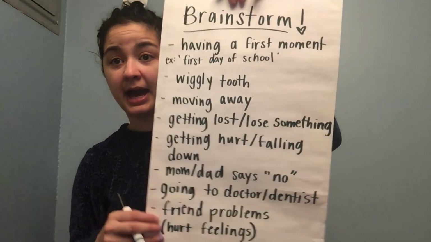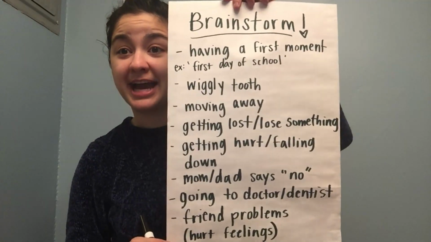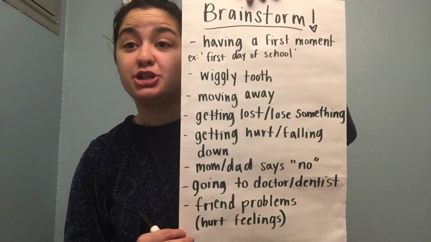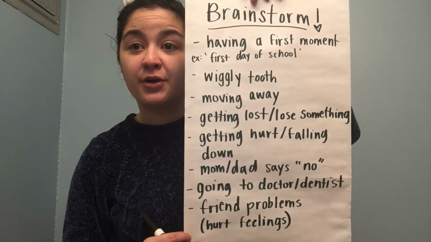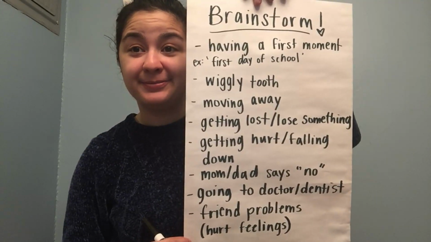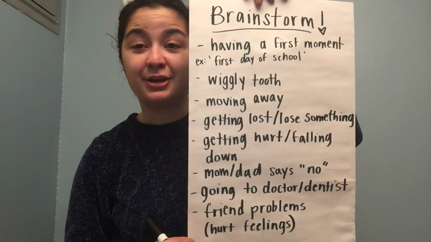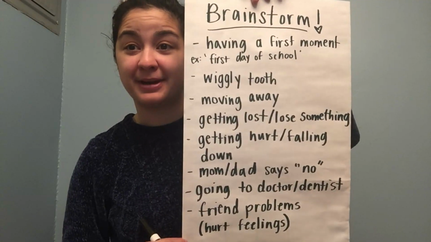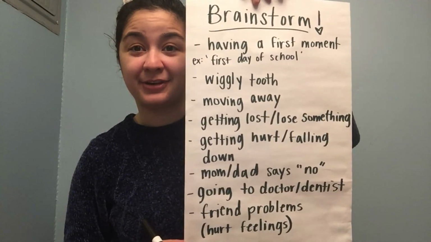All right, so for our brainstorm, this is what we have. These are all of the ideas that you can choose from for your story ideas today. Now, you're going to take out that one piece of paper that you need for today.